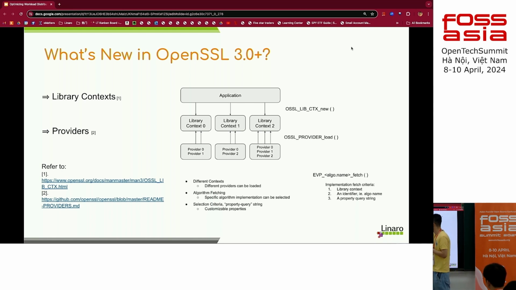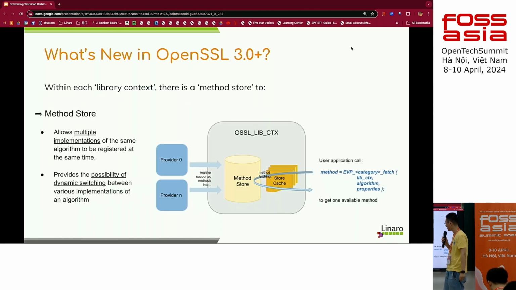So you can register multiple different implementations to the same library context. It also provides a method store. When the user application wants to fetch, that means wants to find some processing or implementation unit, it needs to fetch from the method store first. That's something new.